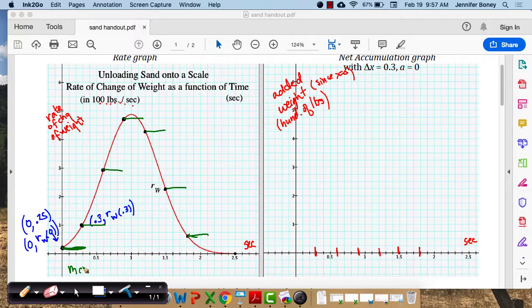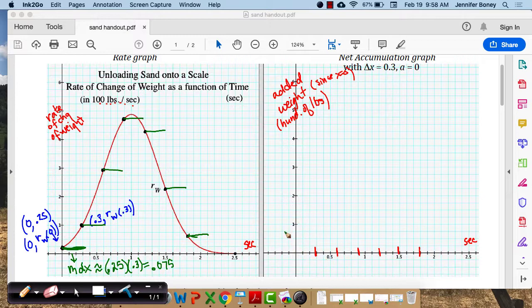So this first one, I did have maybe about 0.25, that's my rate, times 0.3, which is 0.075. So this is 0.075 100 pounds, otherwise known as 7.5 pounds of sand went onto the scale during the first.